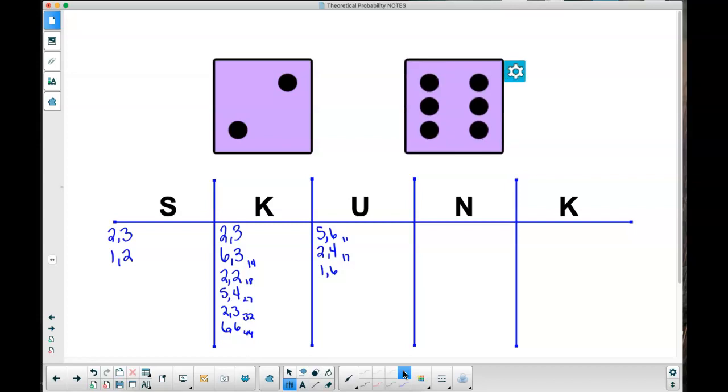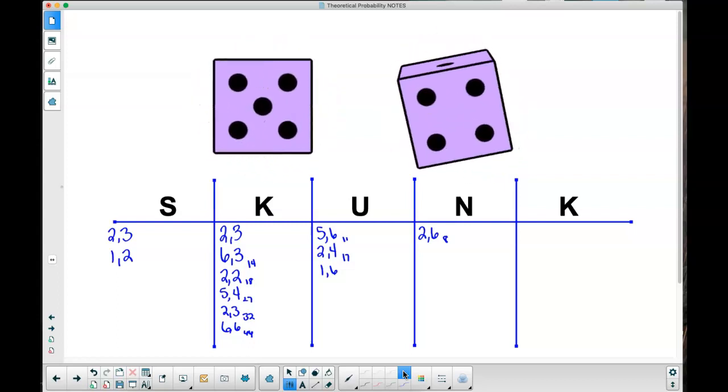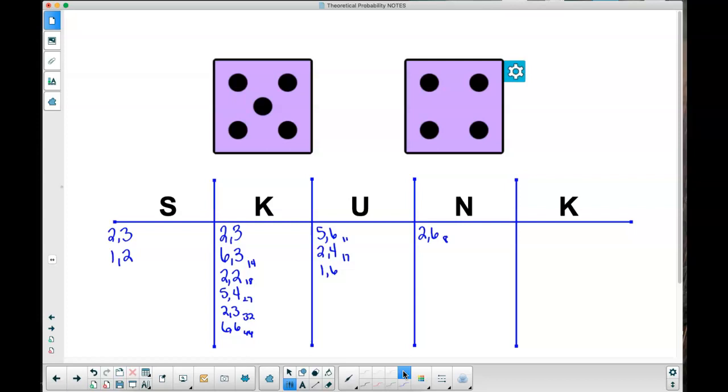Okay, 2 and a 6. So you got 8. Everybody want to sit? Nobody wants to sit yet. Okay. 5 and a 4. So 17 points. You want to sit yet? Some of you are.